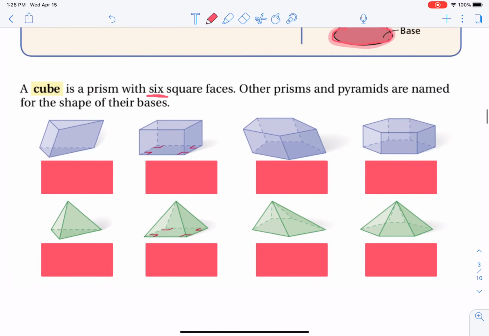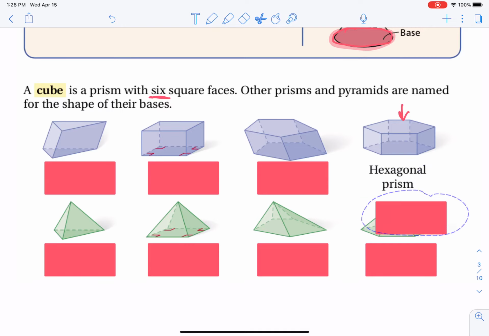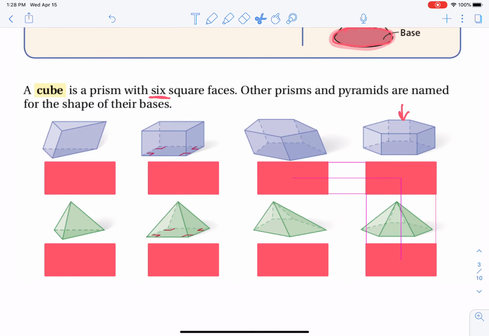Here are some shapes. Just wanted you guys to practice naming them. So we're just going to kind of go through and see if we can name it. Let's start with this one. This one, the base is a hexagon. So you would call it a hexagonal prism.